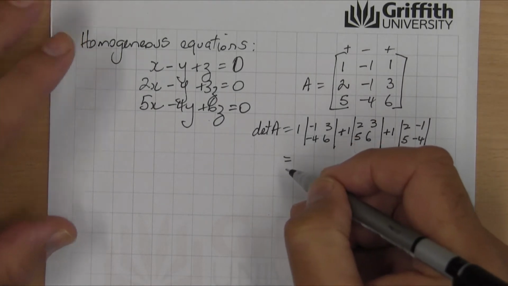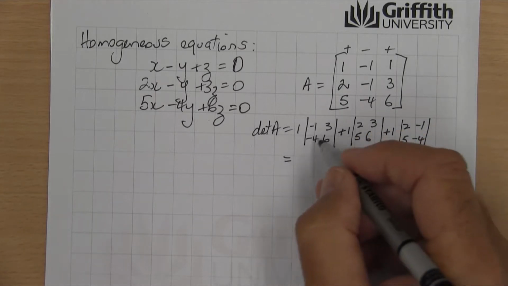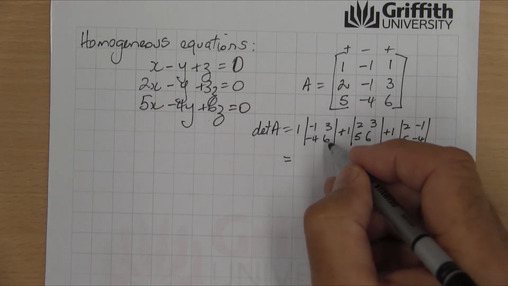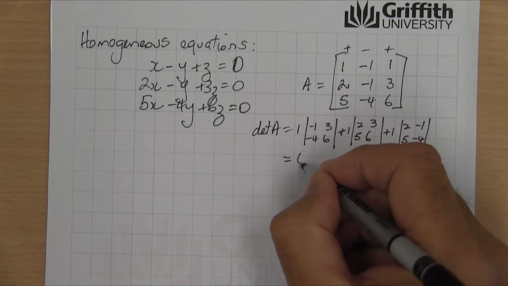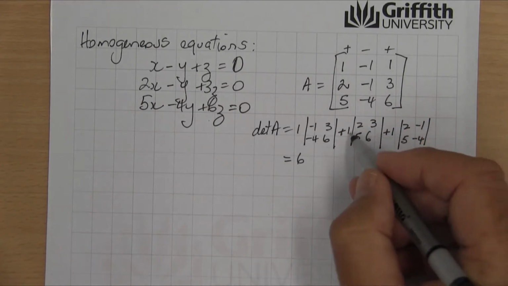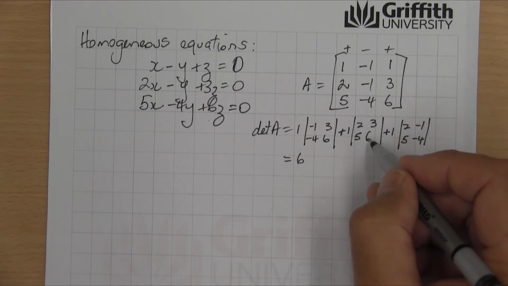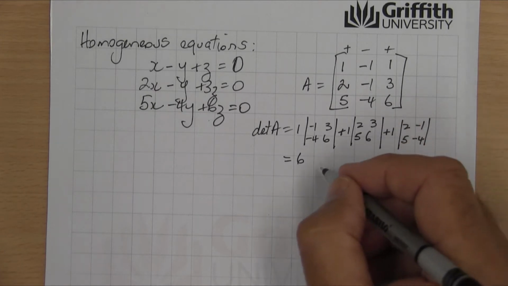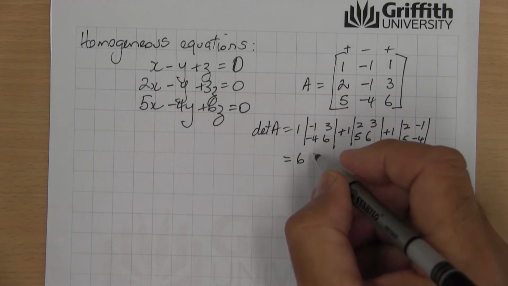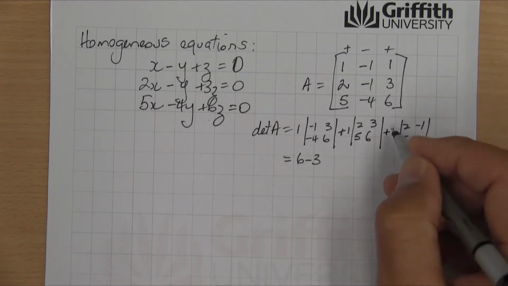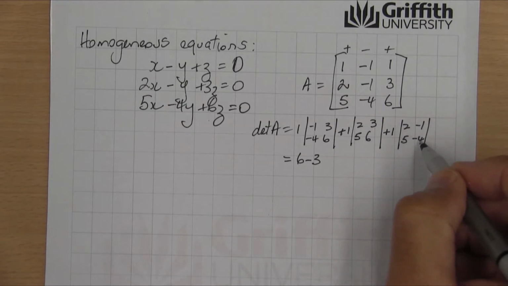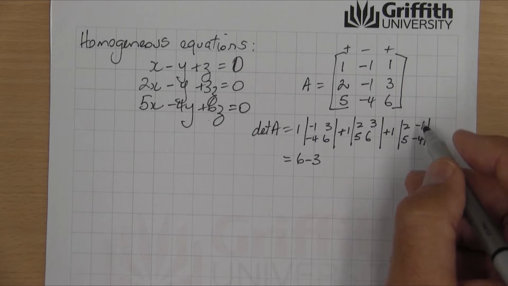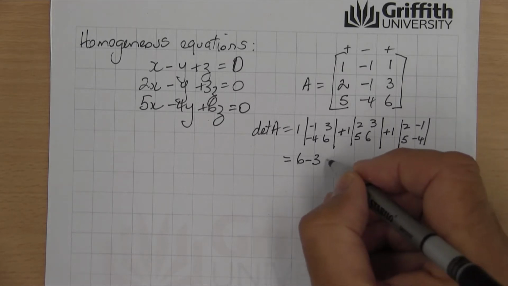That'll be equal to negative 6 minus negative 12, so that'll be 6. And then this will be 2 sixes are 12 minus 15, which will be negative 3. And this one here will be 1 times negative 8 minus negative 5, so that'll be minus 3.